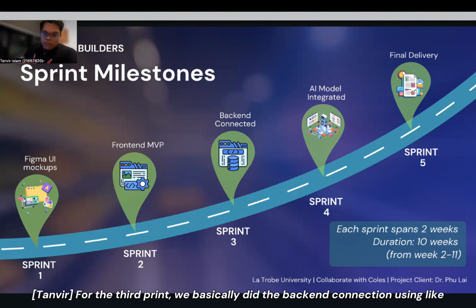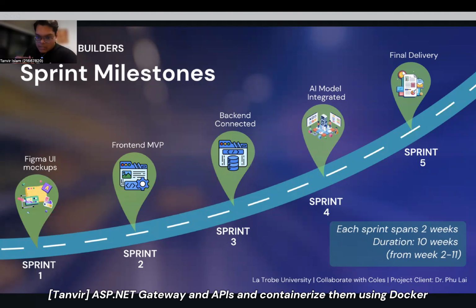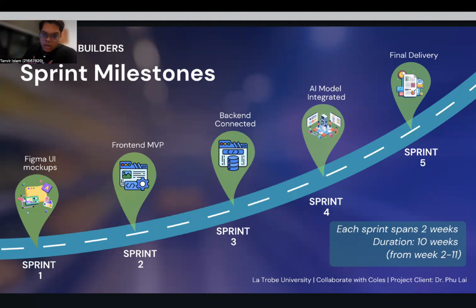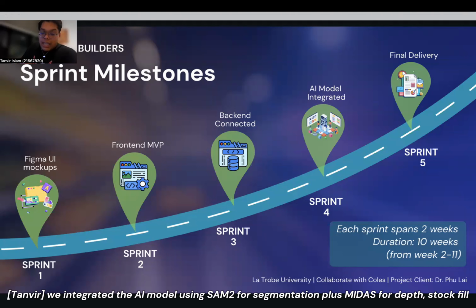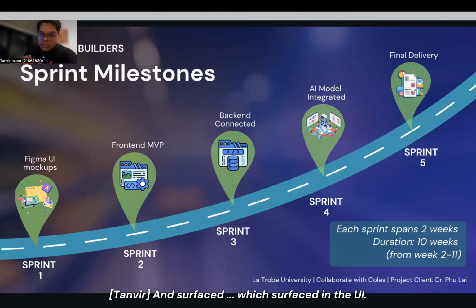For the third sprint, we did the backend connection using an ASP.NET gateway and APIs, and containerized them using Docker. For the fourth sprint, we integrated the AI model using SAM2 for segmentation plus MiDaS for depth and stock fill, which surfaced in the UI.